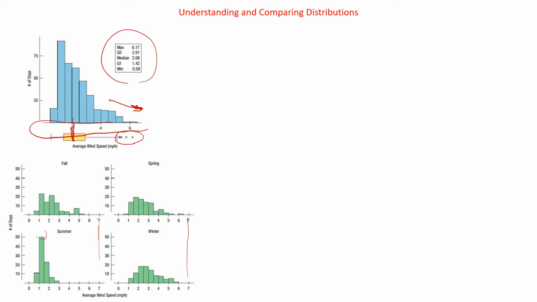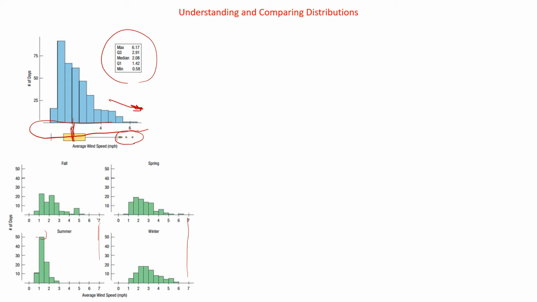Most of them stop short, but it doesn't change the axis, which would make the bars look taller. It keeps them all the same. We could do almost the same thing with one graph and just different colors, like overlaid, but that would just be confusing. But that's kind of what we're doing here. We just have them all split out so that we can see each of them individually.